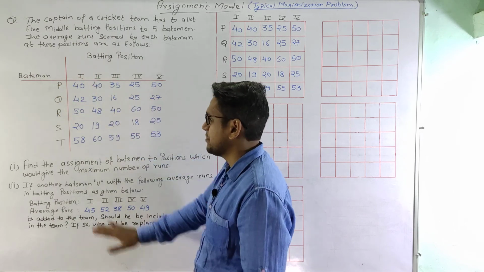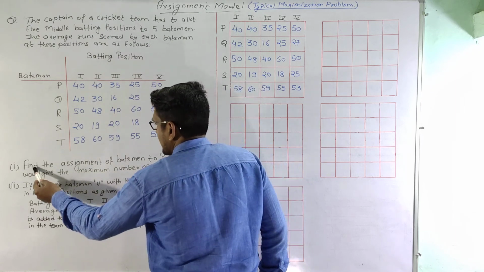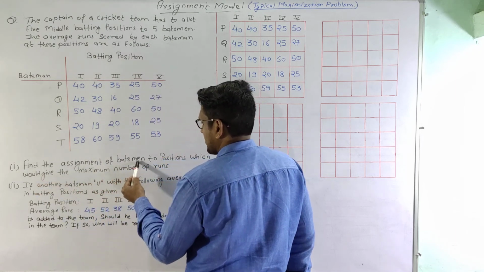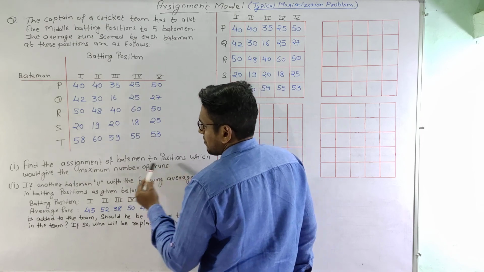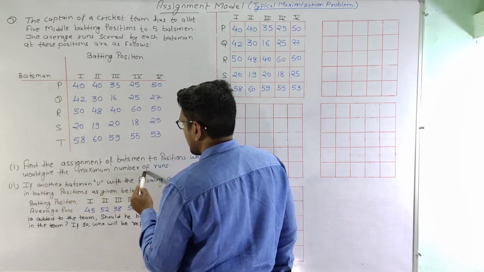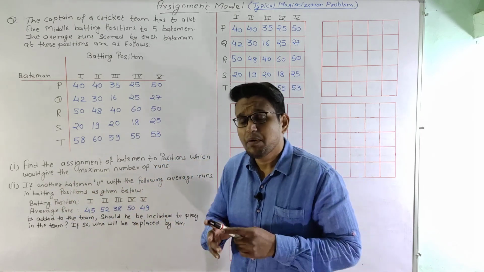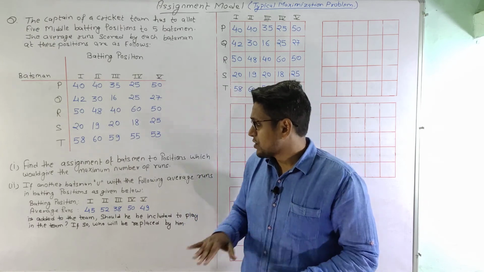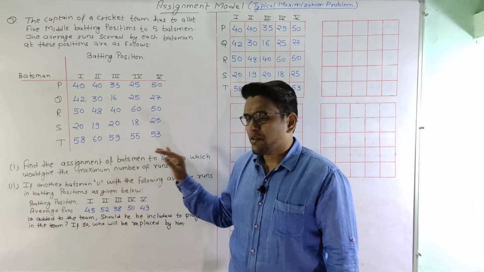We need to find the assignment of batsmen to positions which would give the maximum number of runs. So here our objective is to have the maximum number of runs.